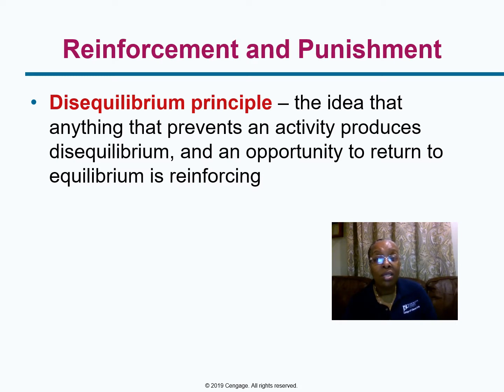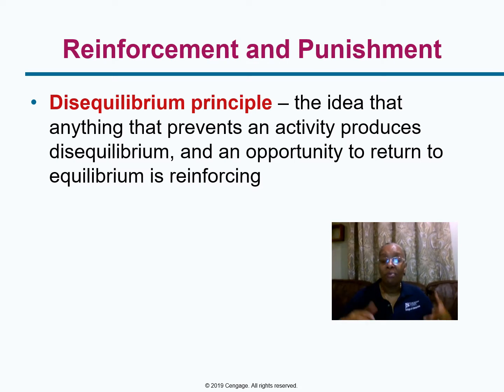This is what we call the disequilibrium principle. The idea is that anything that prevents an activity will throw us off, and the opportunity to return to equilibrium is what serves as the reinforcer in this case.